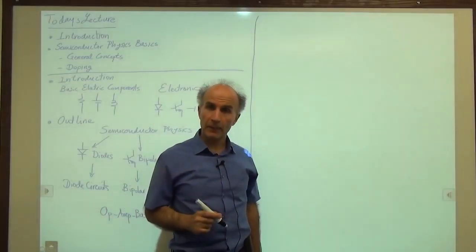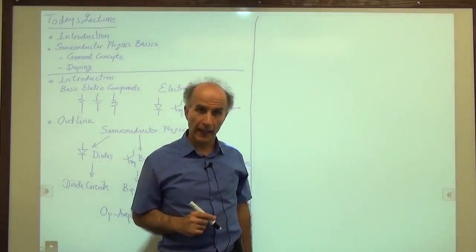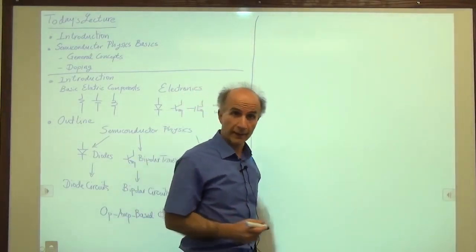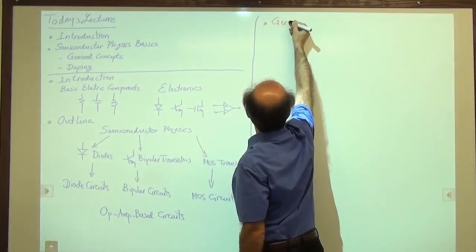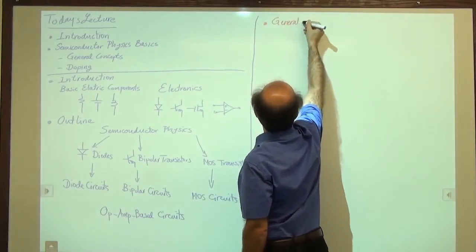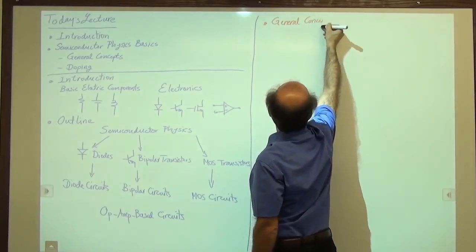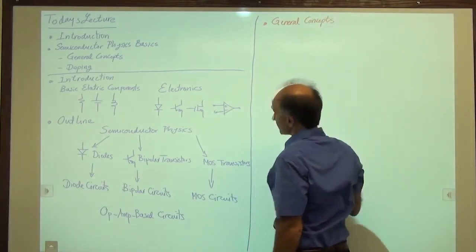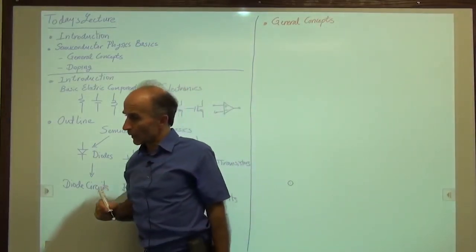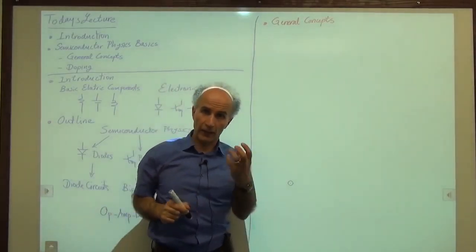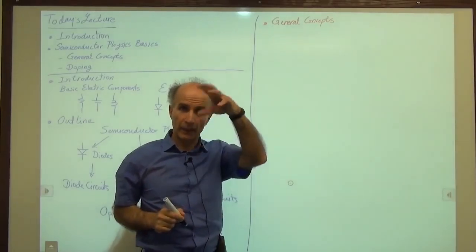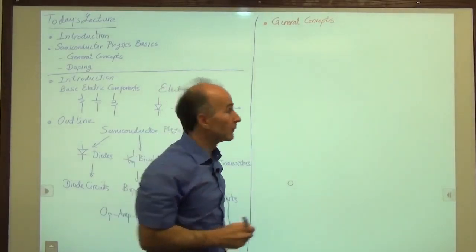Very well. Let's begin with semiconductor physics, and we start with some general concepts. So let's begin with our general concepts. Okay, well, we know that atoms consist of a nucleus and some electrons surrounding the atom.